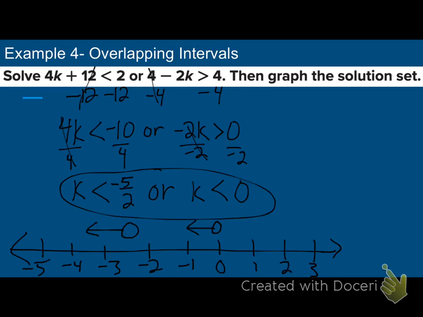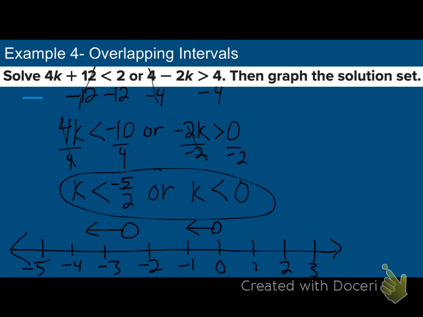Yes. Any ideas what the final graph needs to look like? Thinking about what an OR compound inequality means. What does it mean in order for a number to be a solution of this compound inequality? Only one of them has to be true.